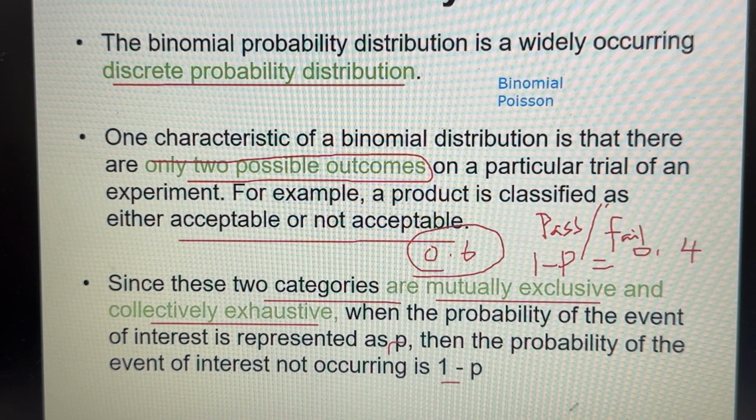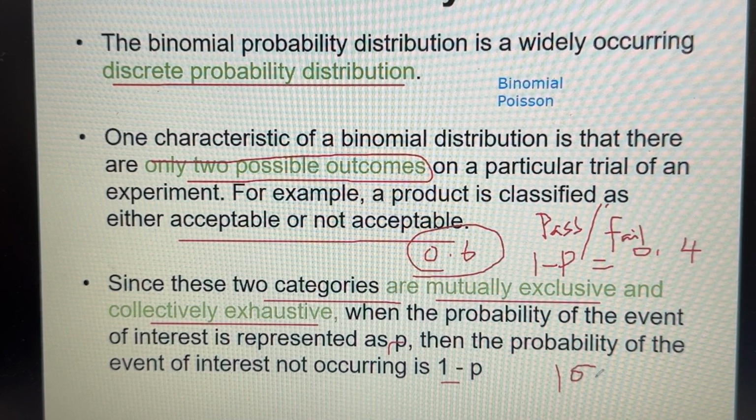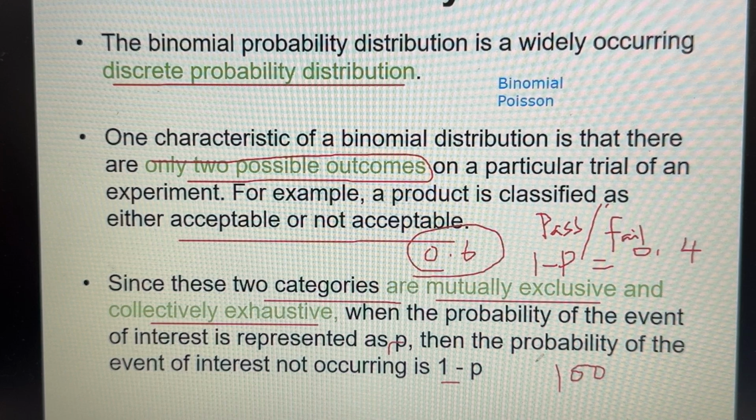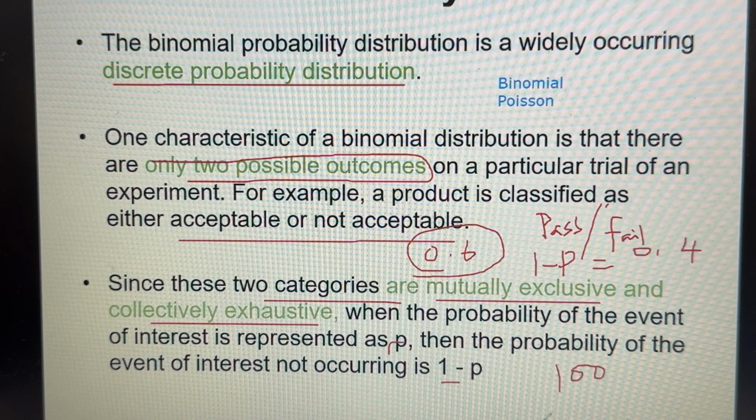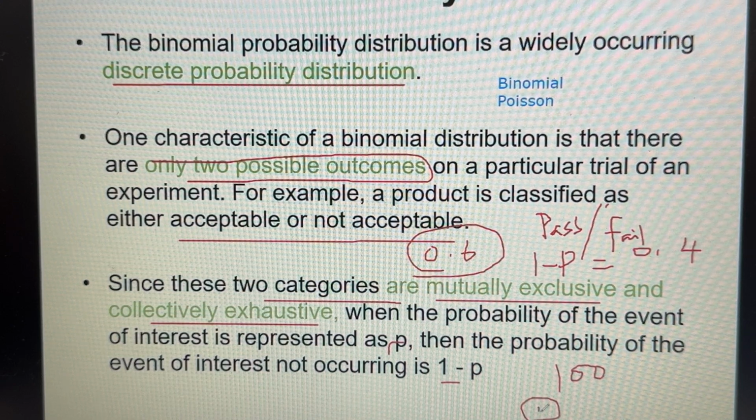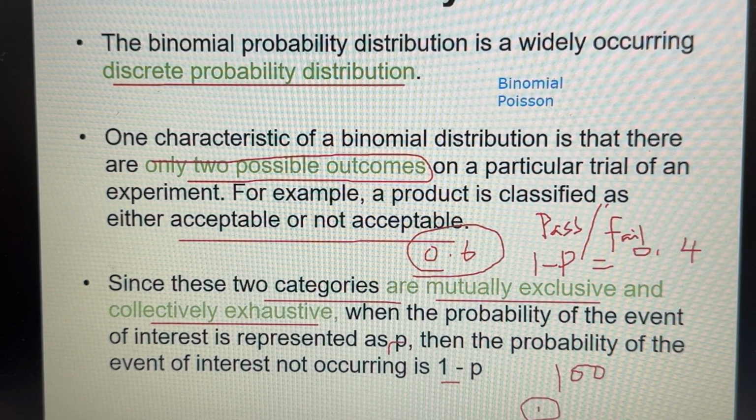If you are producing 100 goods, all hundred should be either good product or bad product. That's what we call collectively exhaustive. It means the total probability should be equal to 1.